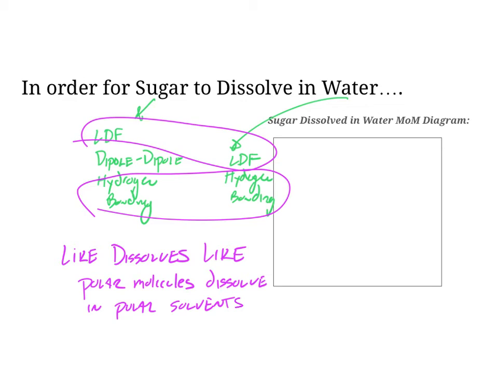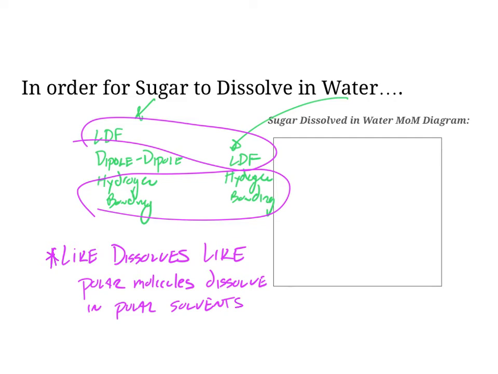However, because sugar has so much hydrogen bonding on it, and water is hydrogen bonding as well, we would say that sugar is kind of a weird anomaly where sugar, because of the hydrogen bonding that's present, will dissolve in the polar water. So there's always sort of an exception.